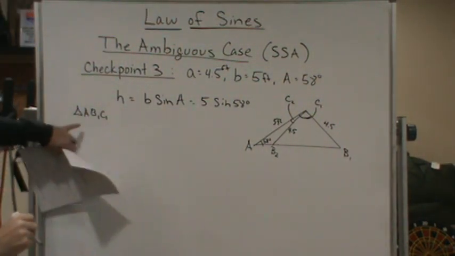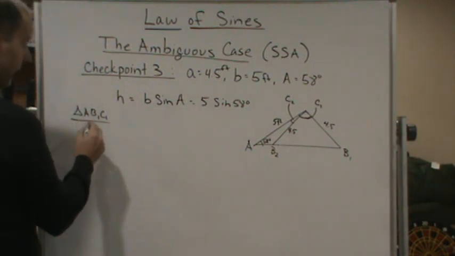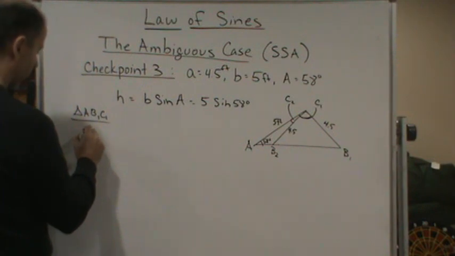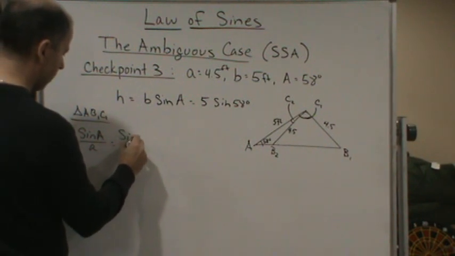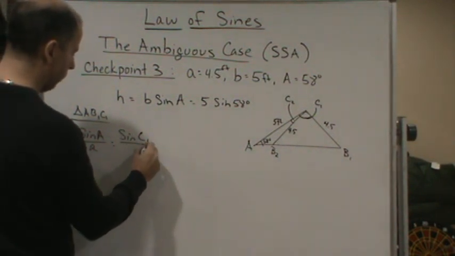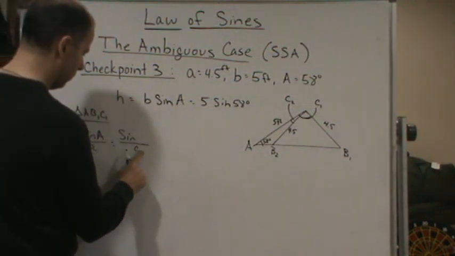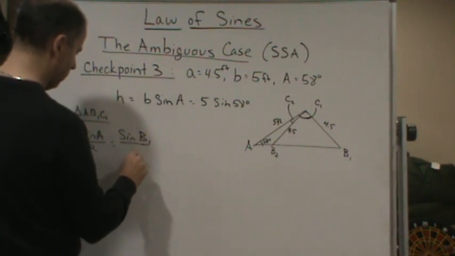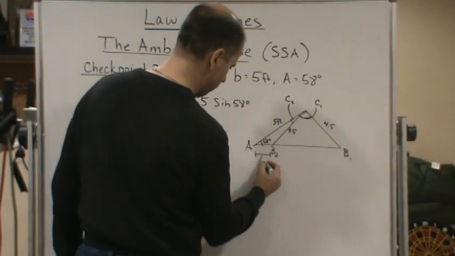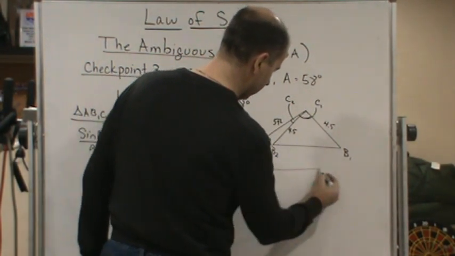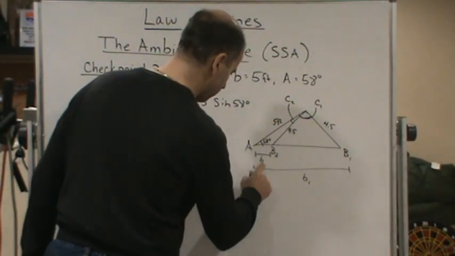Okay, so let's do this triangle first. Again, we're going to do sine A over A equals sine B1 over B1. Oh, we've got this one, B1, and then we've got the longer one. Or excuse me, this is B2.